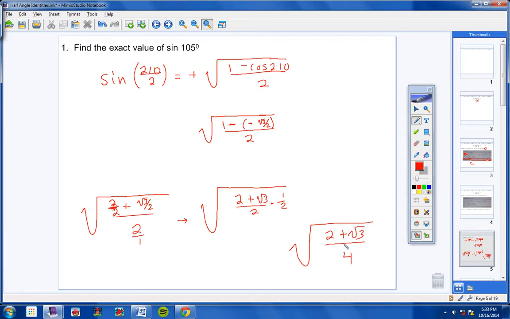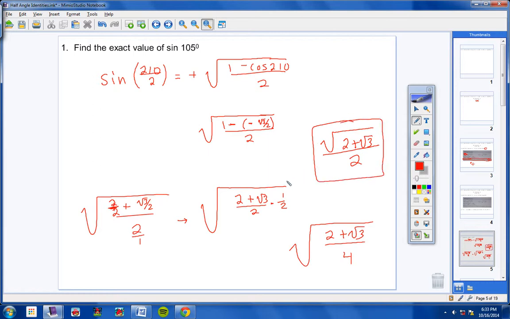So we cannot take the square root of the top, but we can take the square root of the bottom. So your final answer would be the square root of 2 plus the square root of 3 all over 2, because the square root of 4 is 2. And there's your answer, okay?